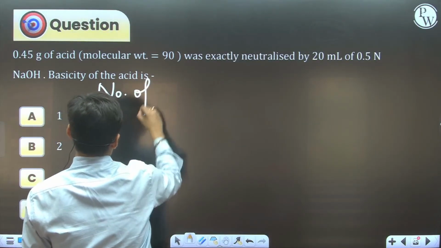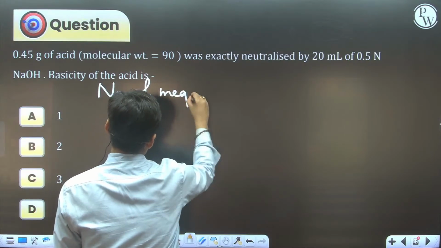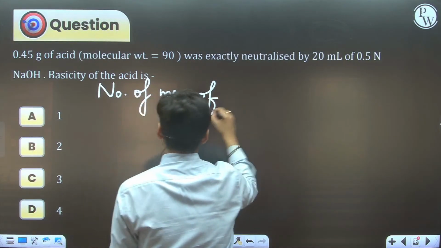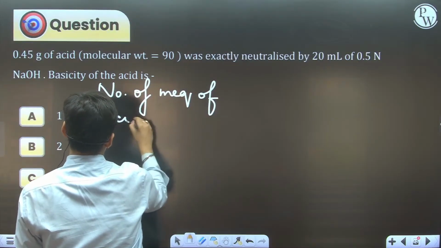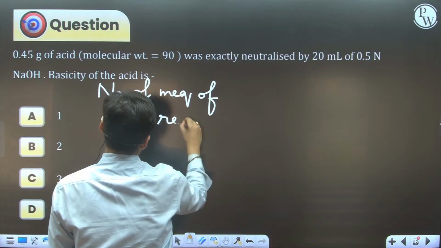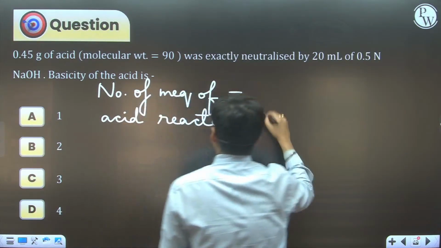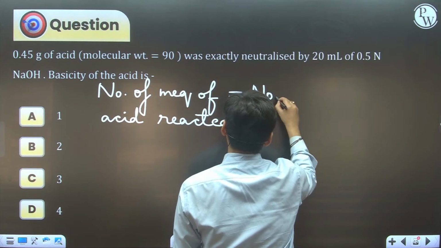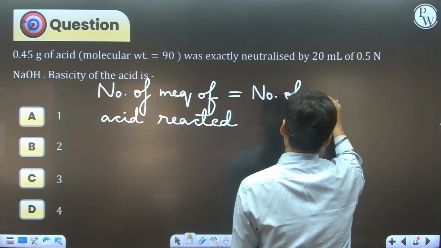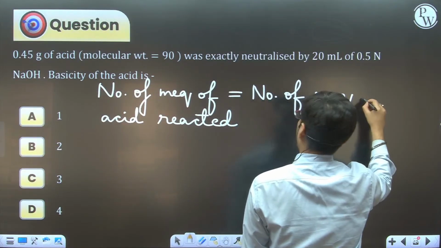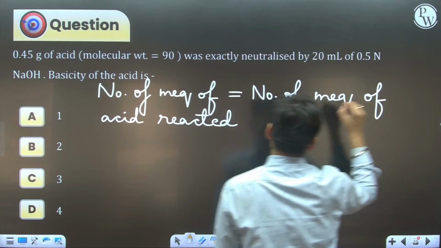Number of MEQ of acid reacted is equal to number of MEQ of base reacted. MEQ is milliequivalents.